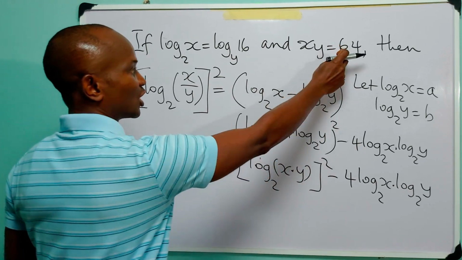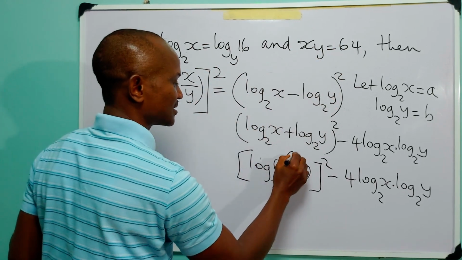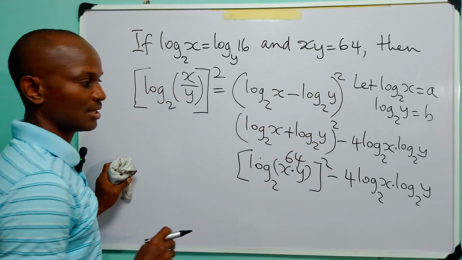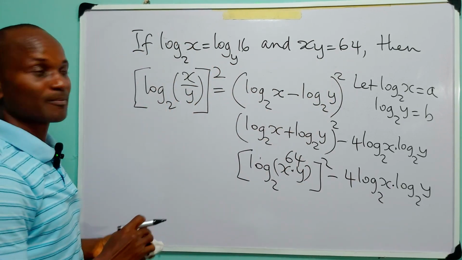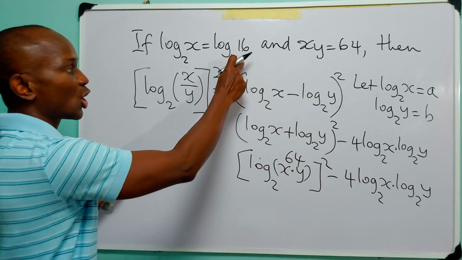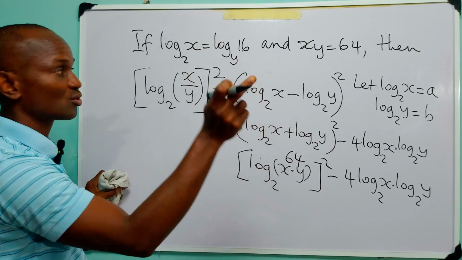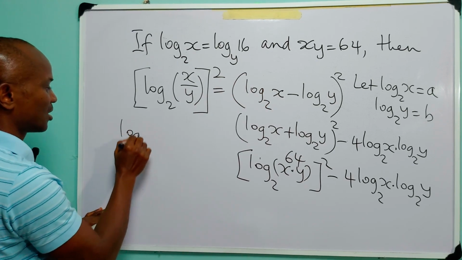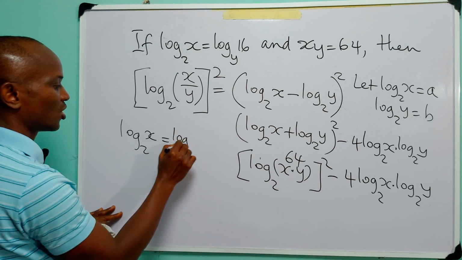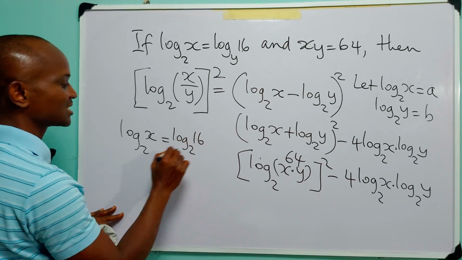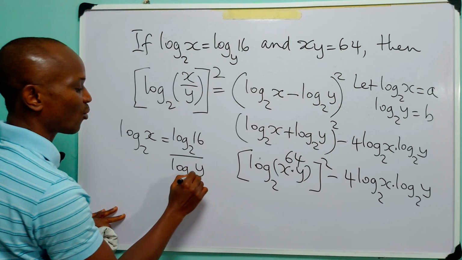Now we go over to the conditions that we were given. We can see that xy is equal to 64. And then let us look at the first condition we were given. If we change this log to base y to log to base 2, what we are going to have is that log to base 2 of x, that is this, is equal to log to base 2 of 16 divided by log to base 2 of y.